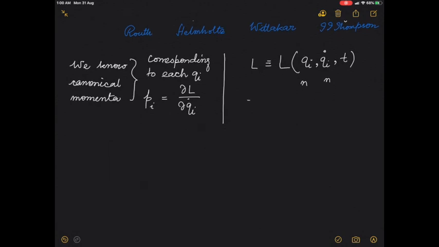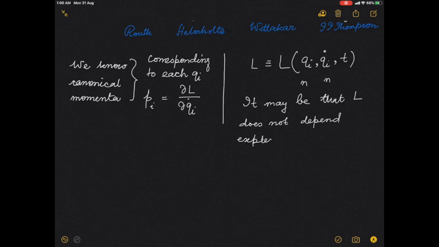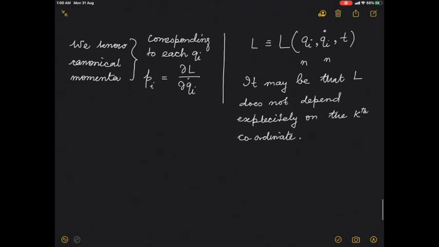Now, it may be that L doesn't explicitly depend on the kth coordinate. In a particular choice of Lagrangian and coordinates, this may happen.